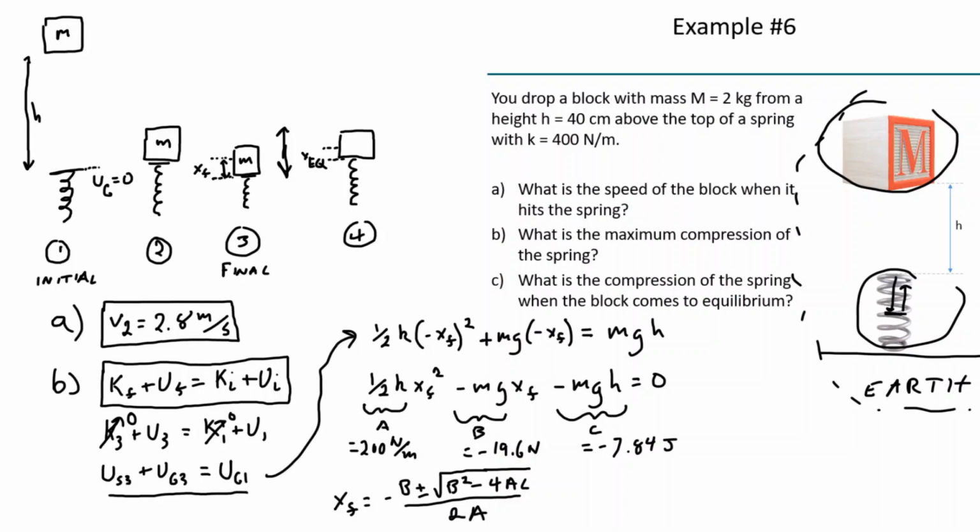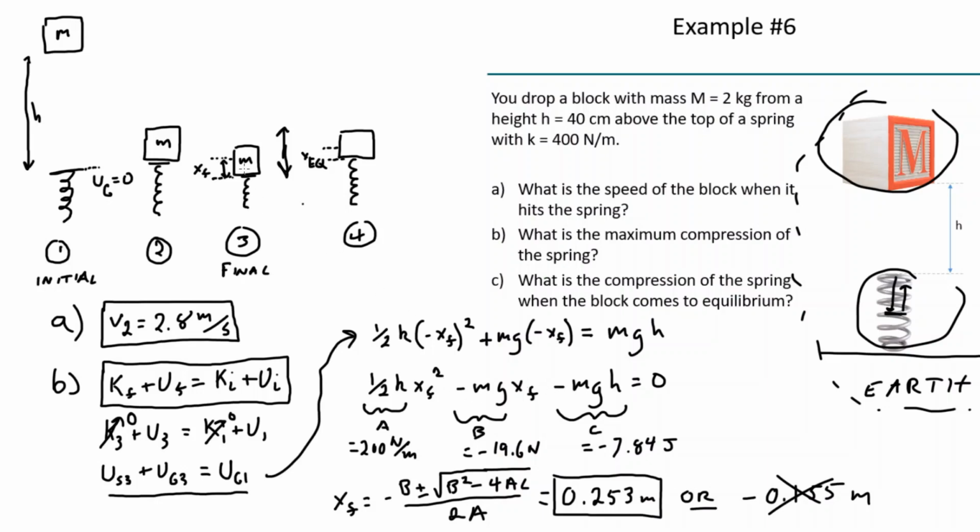So if I plug this into my calculator, I get 0.253 meters, or negative 0.155 meters. We're going to throw away this negative solution. This is our correct solution here, 0.253 meters.